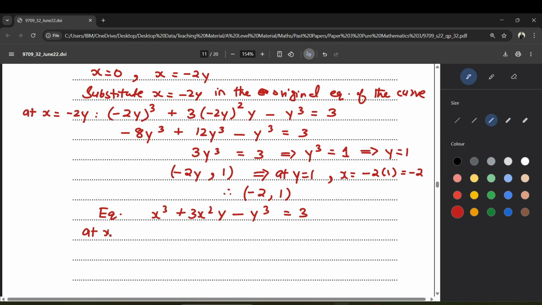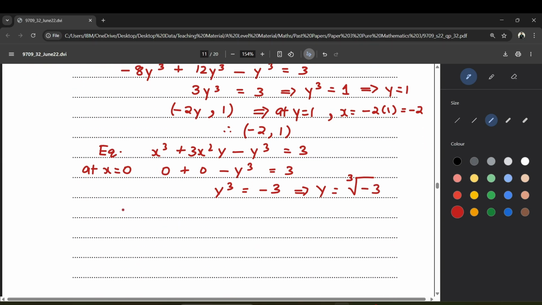So at x equal to 0, this becomes 0, this becomes 0, minus y cubed equals 3, y cubed equals minus 3, and if I take the cube root, that would mean y is equal to the cube root of minus 3.